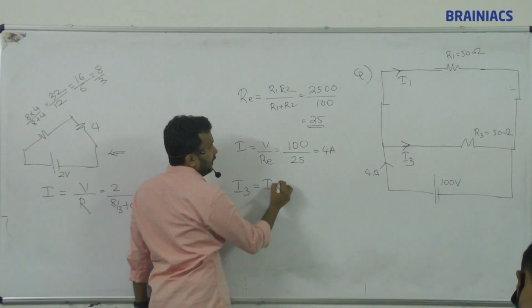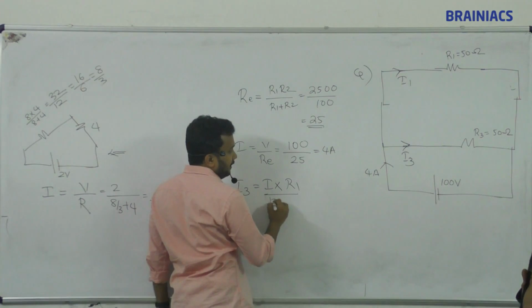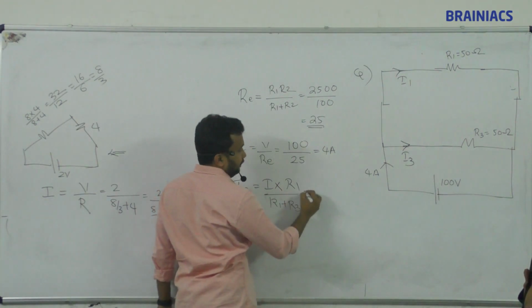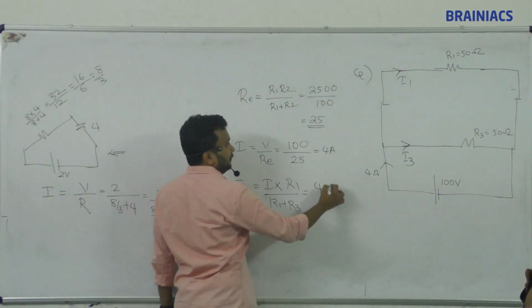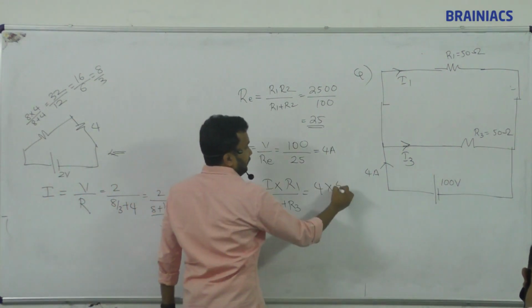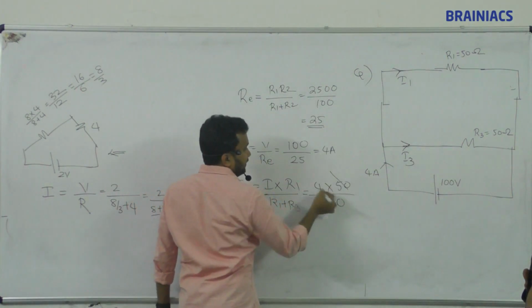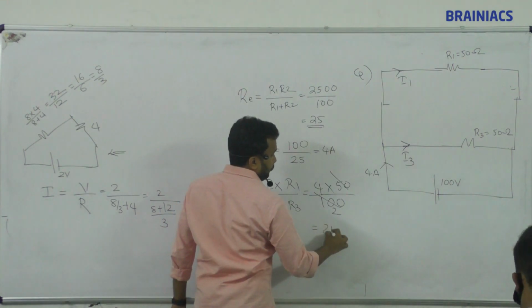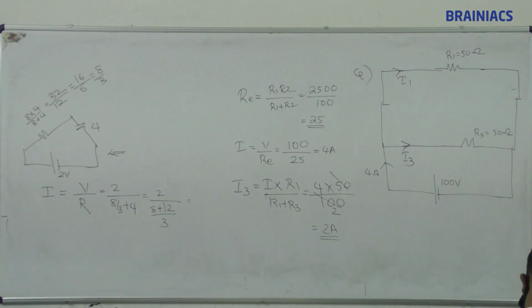I3 is equal to total current into R1 divided by R1 plus R3, the current division rule. 4, R1 means 50, total resistance 100. So cancel, this becomes 2. 4 by 2, 2 ampere. Okay, understood? Next question.